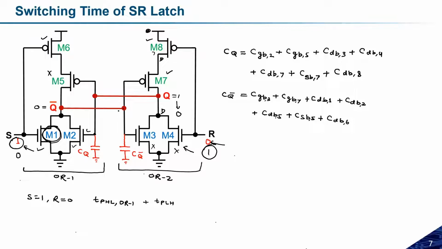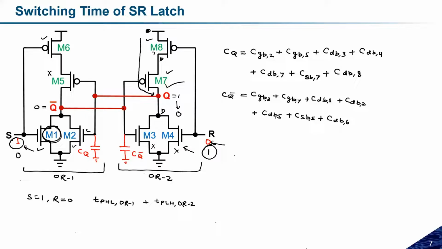Because this Q bar is going to discharge, this will activate transistor M7, and M8 is already in active state. So both transistors M8 and M7 will be activated, and this node Q will be charged through transistors M7 and M8. Because we are charging from low to high, I need to consider the tPLH for R2.